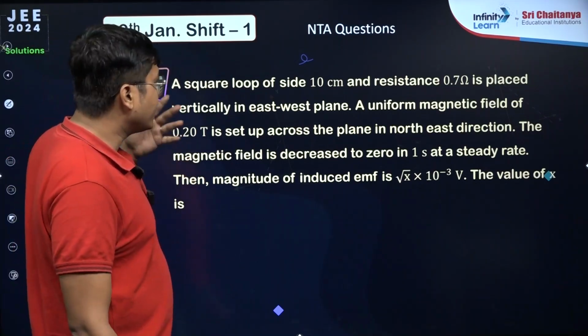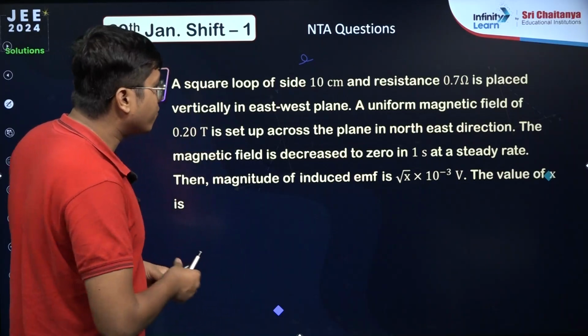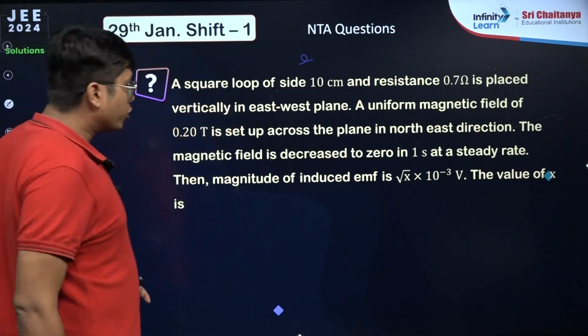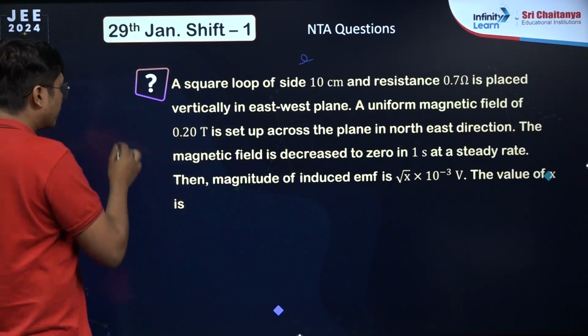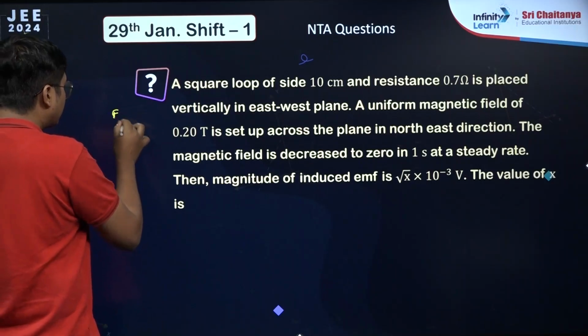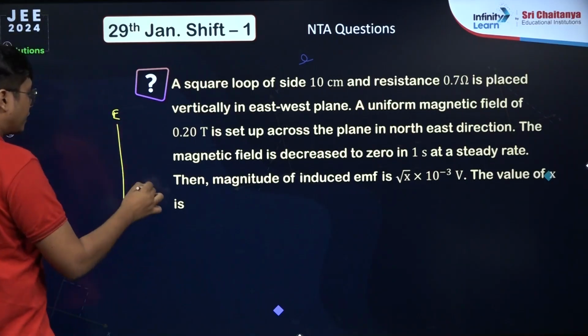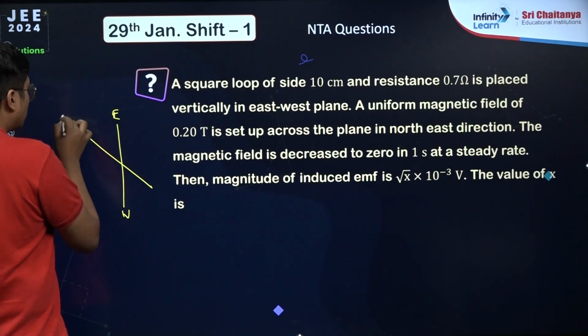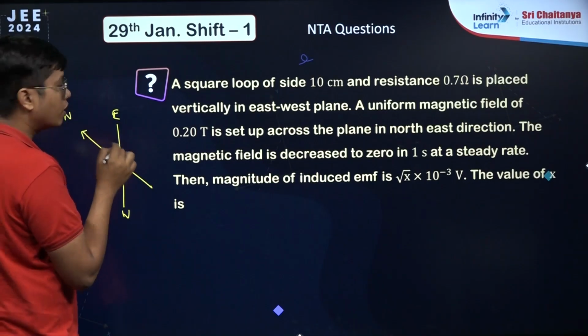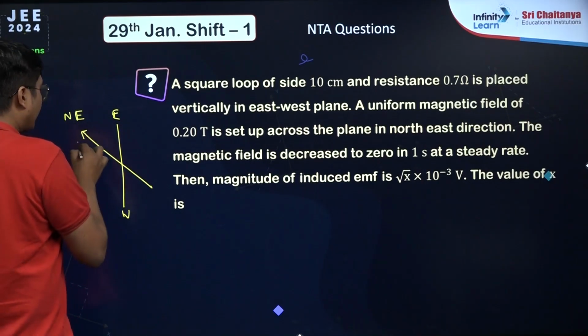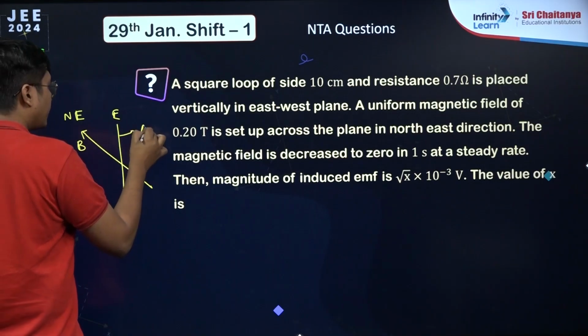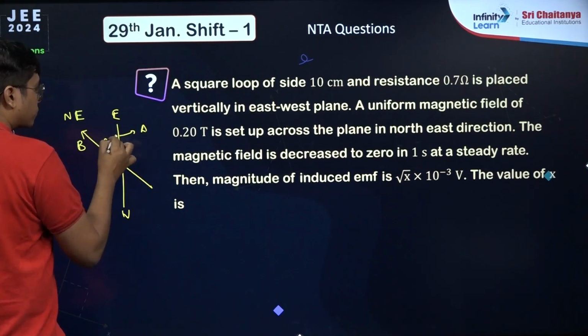So it is kept in the east-west plane, and since the magnetic field is in the northeast direction, you can understand that the angle, if this is the area, this is the east-west direction. If the magnetic field is pointing in the northeast direction, then the angle the magnetic field makes with the area is 45 degree.